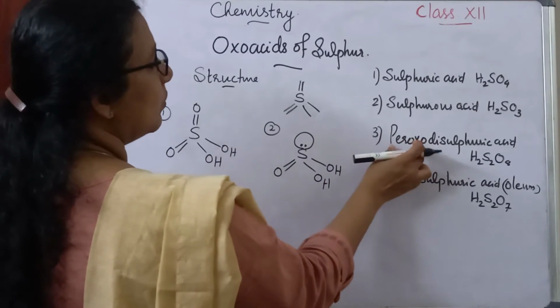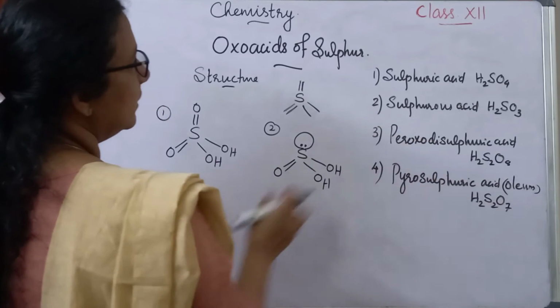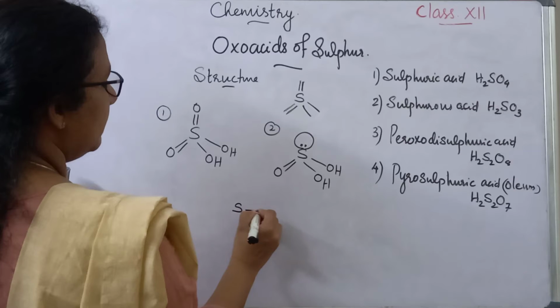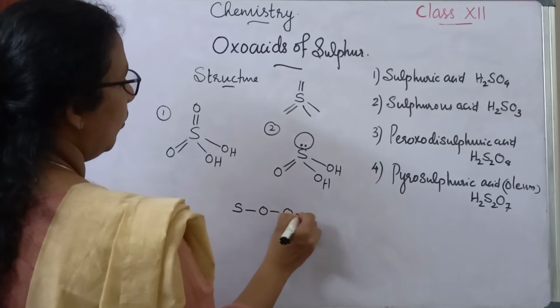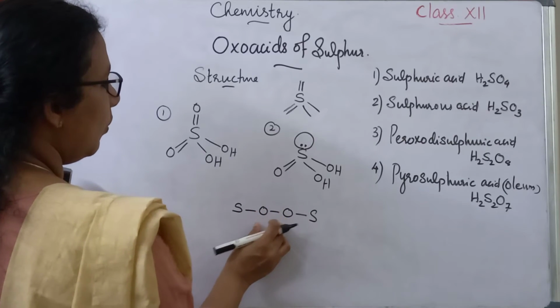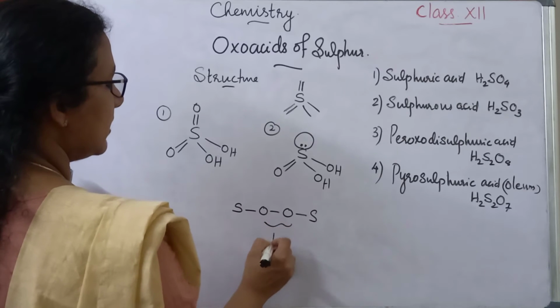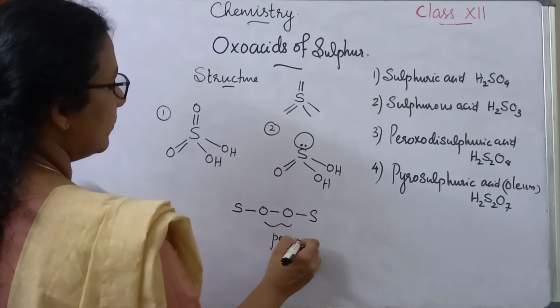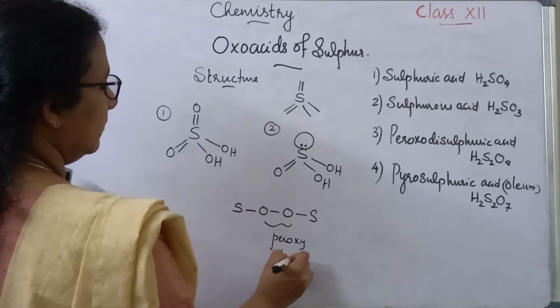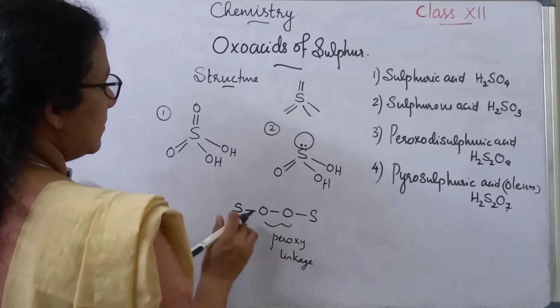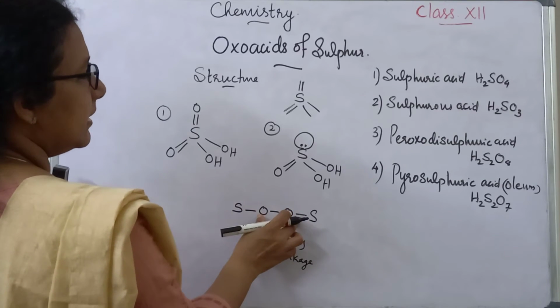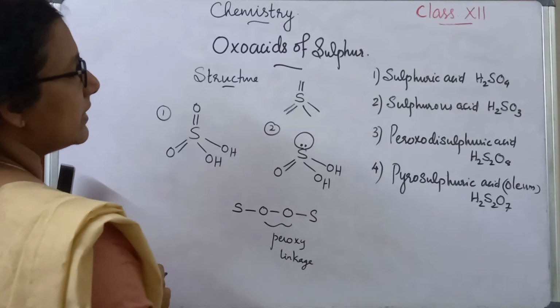So peroxo. When we see peroxo, there should be an OO linkage, or we can say it will be SOOS linkage. So OO linkage will be there. This is actually peroxy linkage. So there will be an SOOS linkage here in the case of peroxodisulfuric acid.